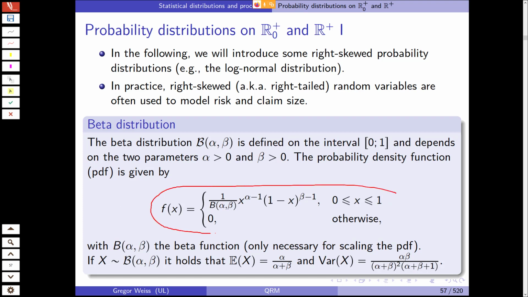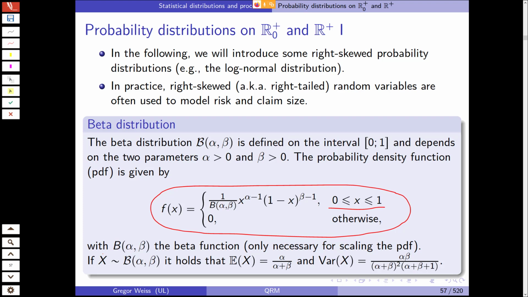So it's defined on the unit interval, as I said, and it is 0 otherwise. And with B(alpha, beta) being the beta function, you can look that up on the internet or in textbooks. We need this for scaling the probability density function so that it is actually a probability density.